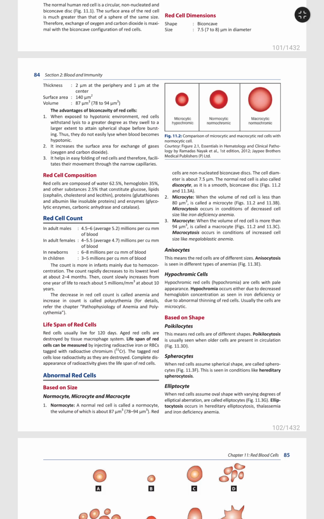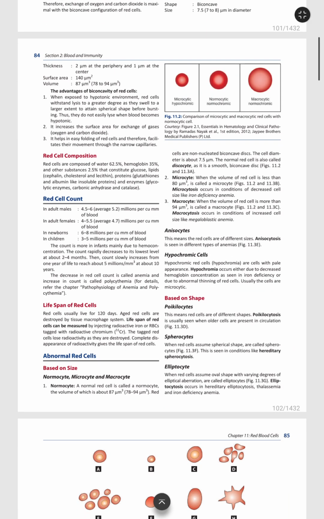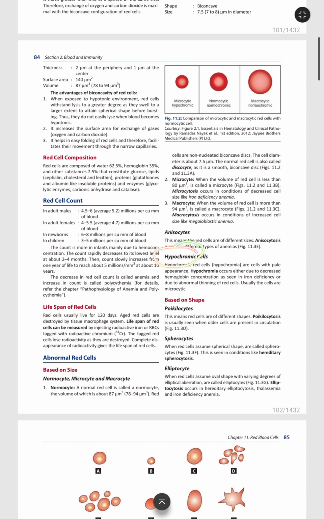The lifespan of RBC is measured using radioactive chromium. Now abnormal size, normal size, micro, macro. Less than 87 is micro, more than is macro. Then hypochromic means decrease in hemoglobin concentration, as seen in iron deficiency.